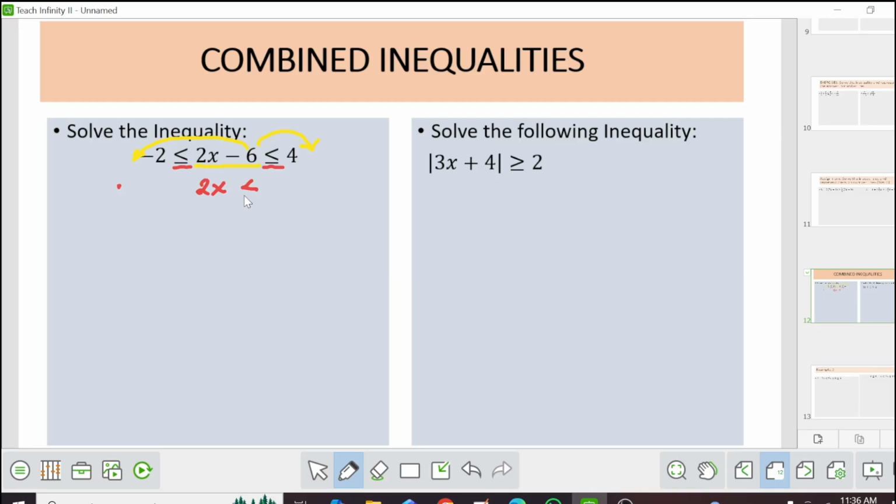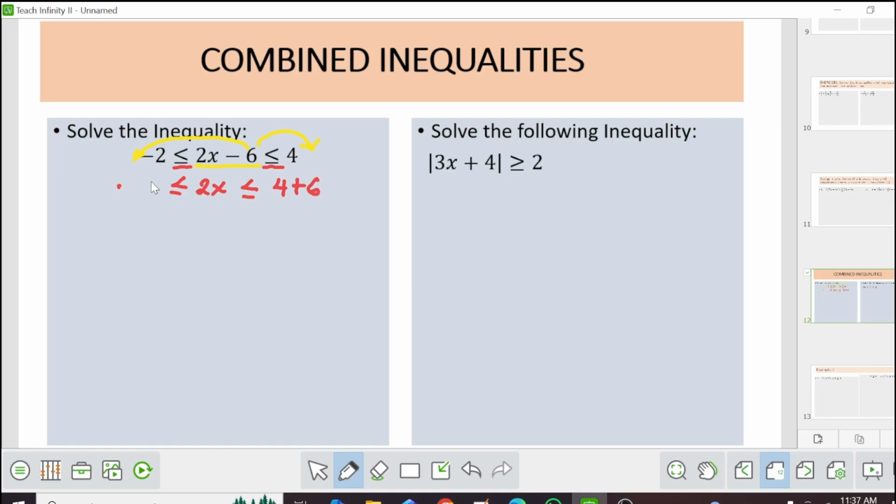So we get 2x left at the center, where we write the two inequalities. I have 4 here before. When this minus 6 crosses the inequality, like I explained in the rules of inequality, whenever any number crosses the inequality operation, the sign will change. So minus 6 changes to plus 6.